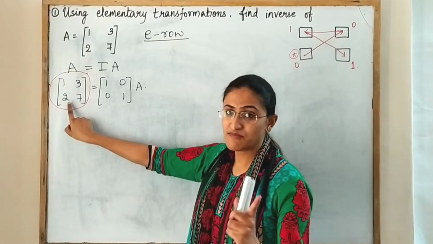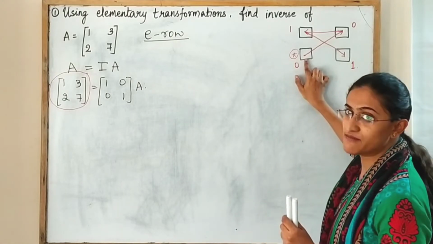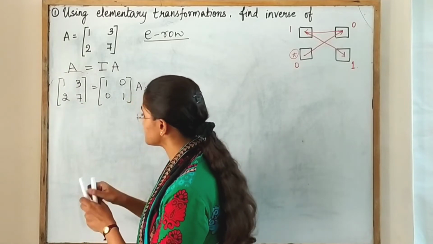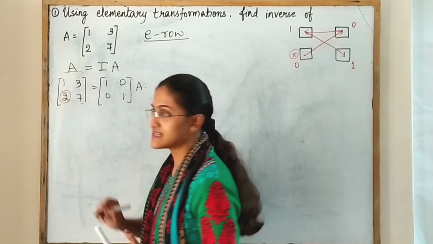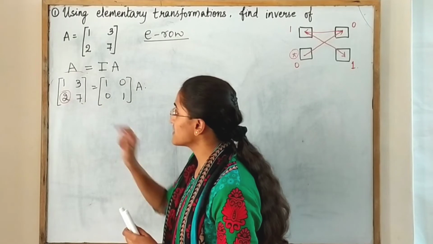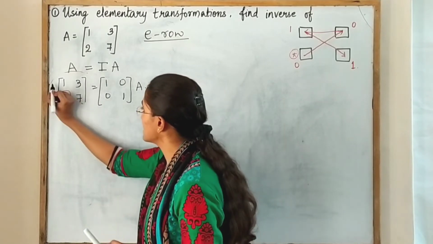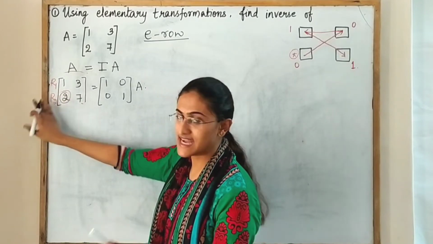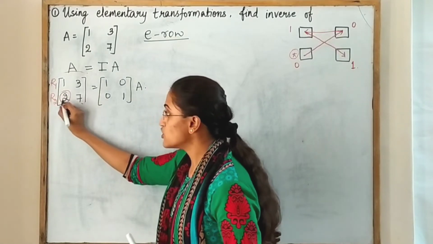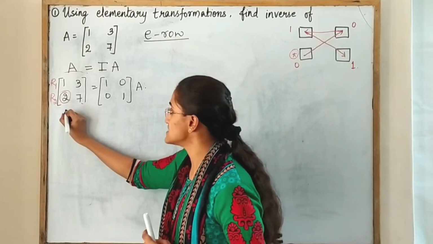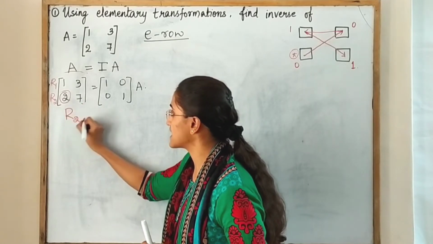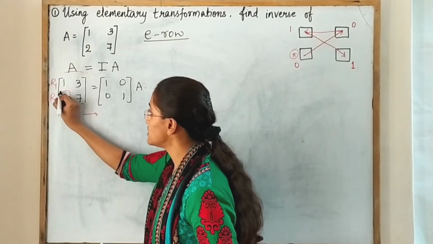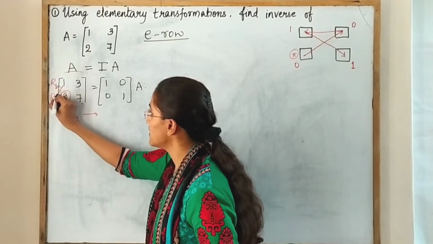First step is to make this element 0. I am targeting the first element. I have to make this 0. To make that 0, I am just writing R1, R2 beside that element. Then 2 is in the second row, and hence I am changing the second row. How am I changing it? I'll multiply 2 to R1 and 1 to R2.